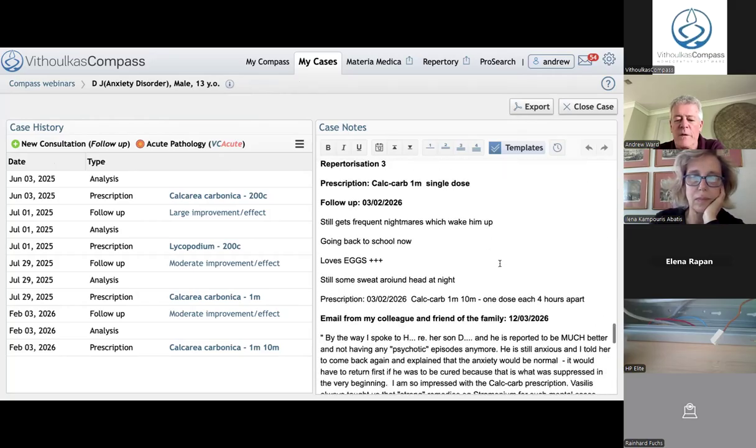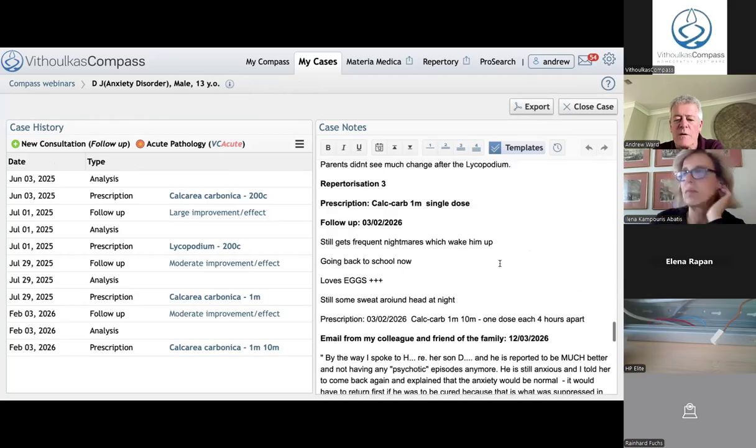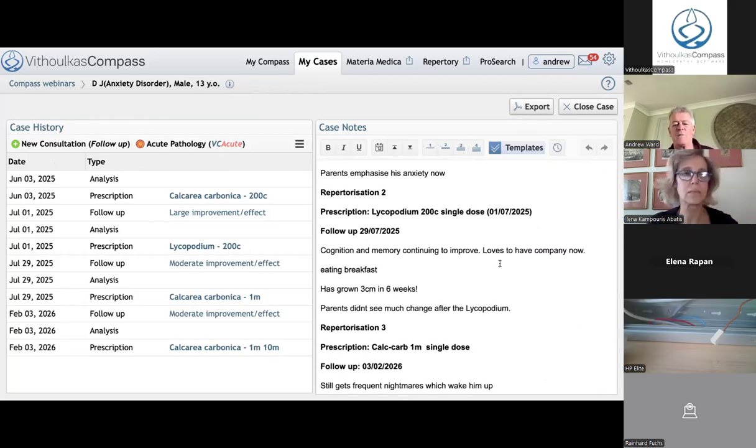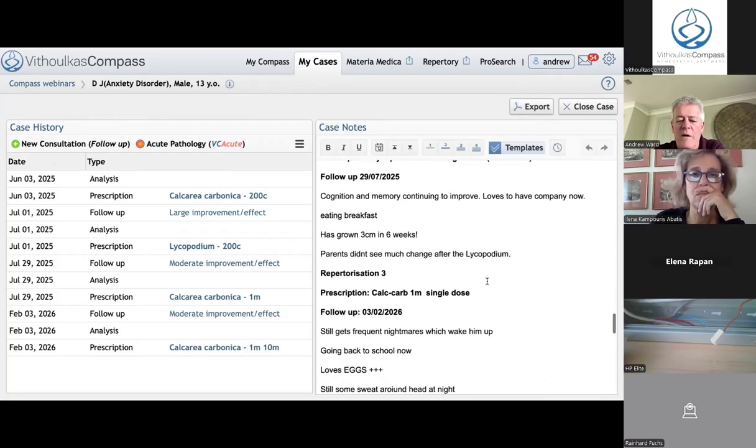So it was a little bit unusual to see a case that doesn't like them, although he did like them in his alter ego. But basically, I think that prescription didn't do anything. So went back to calcarea carb 1M, single dose.